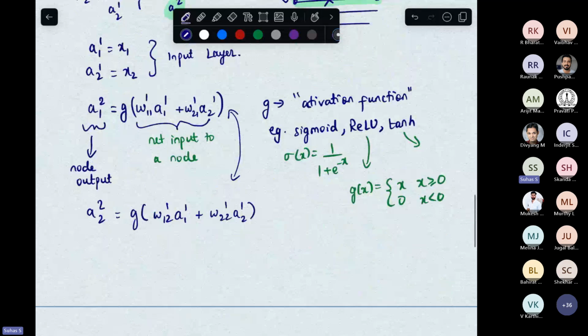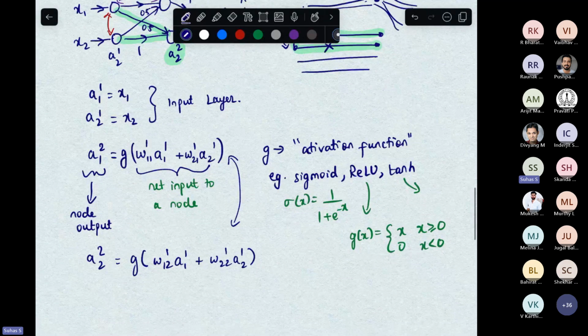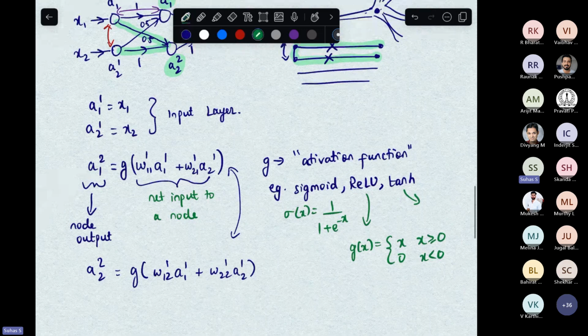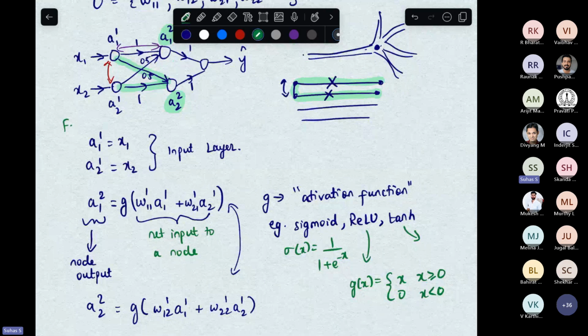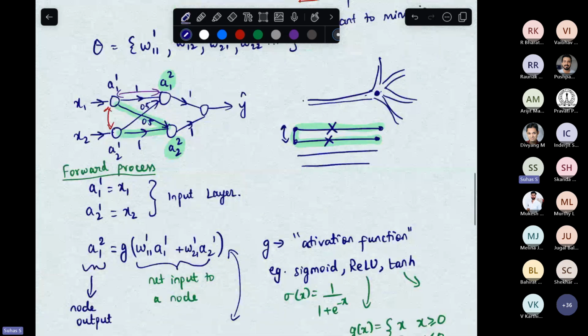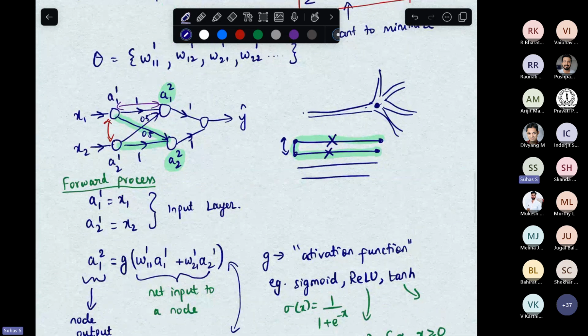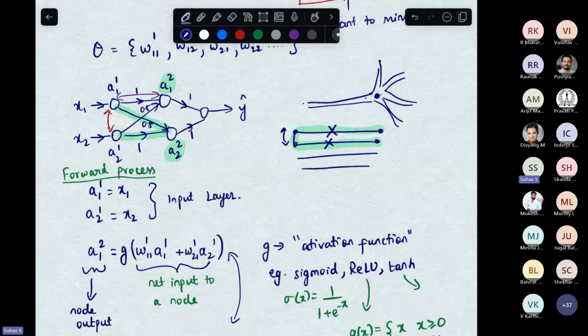Okay. So basically, this is how we go forward in a neural network, which is taking the input to the output, and this entire process is known as the forward process. The forward process takes you from input to the hidden layers. Of course, you could have multiple hidden layers here.